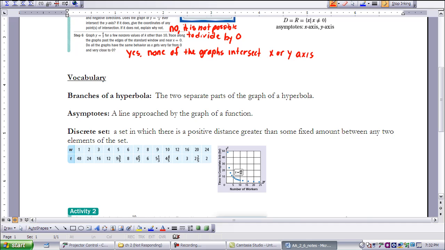You'll notice that this graph is not a continuous curve like some of the other graphs that we've been studying. It's made up of a series of points. That's because we can't have partial workers, so our independent variable will always be a non-negative value. So that's why we have just individual points and not a solid curve.